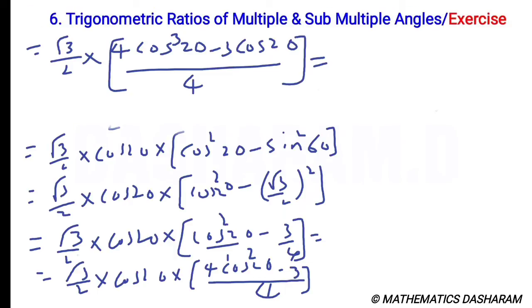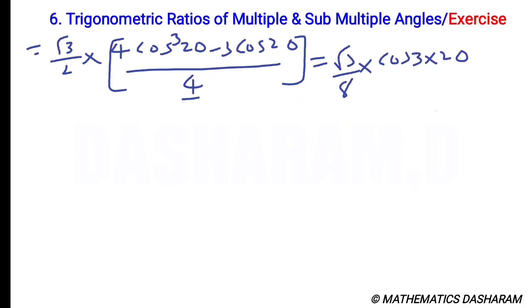So it is equal to root 3 by 2 into 4, that is root 3 by 8, into, so it is in the formula, that is 4 cos cube a minus 3 cos a equals cos 3a. So cos 3 into a value is 20. So it is equal to root 3 by 8 into cos 3 into 20, which is 60.